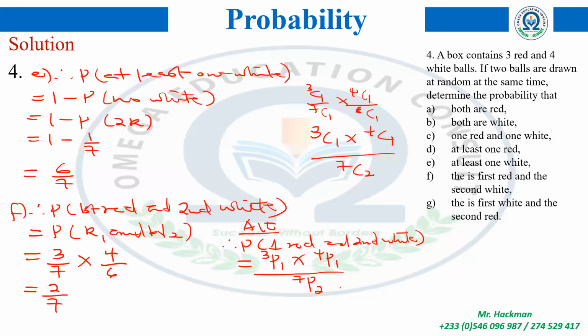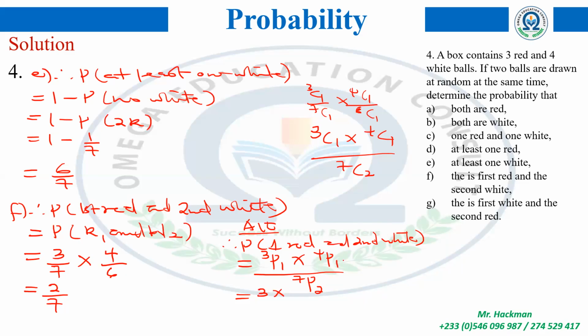Feed your calculator with the whole of this. Don't let us waste time on this. You are supposed to find this one separately. 3 permutation 1 will give you 3.